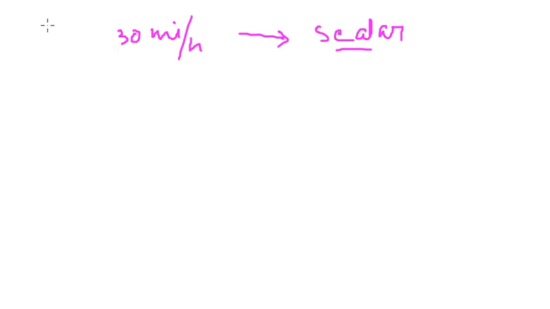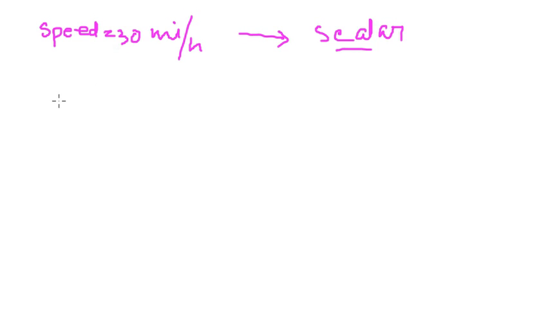Let us see one more example. If I say a car is moving with a speed of 30 miles per hour, then it is a scalar quantity, because I am not interested in direction. Speed is 30 miles per hour.